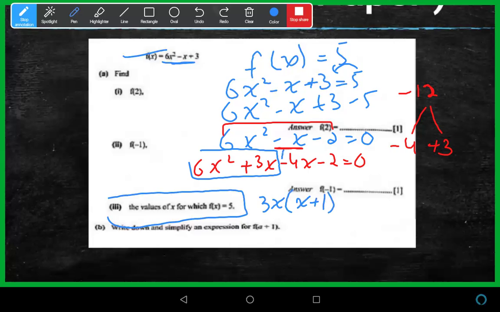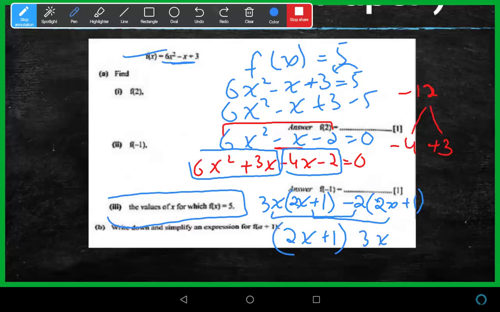And the common part of the other two terms is minus 2, so I have to write 2 here as well because 2 times 3 is 6, it will become 2x plus 1. These two brackets always remain the same. If these two brackets are not the same, this means you have made some mistake. So we have to write 2x plus 1 and the remaining is 3x minus 2.